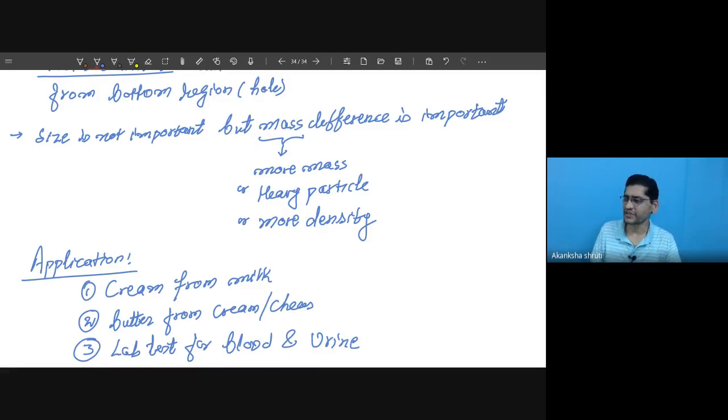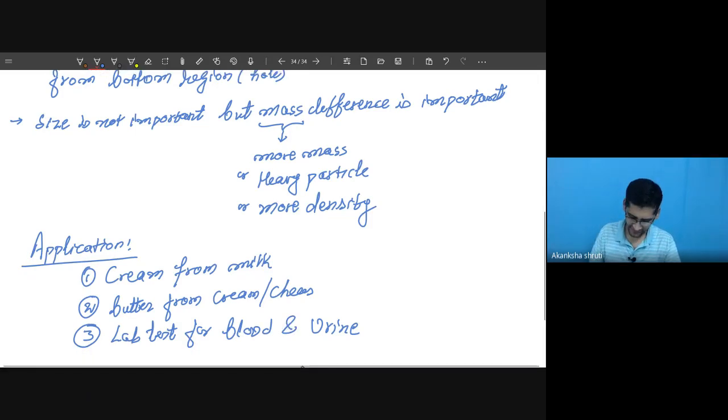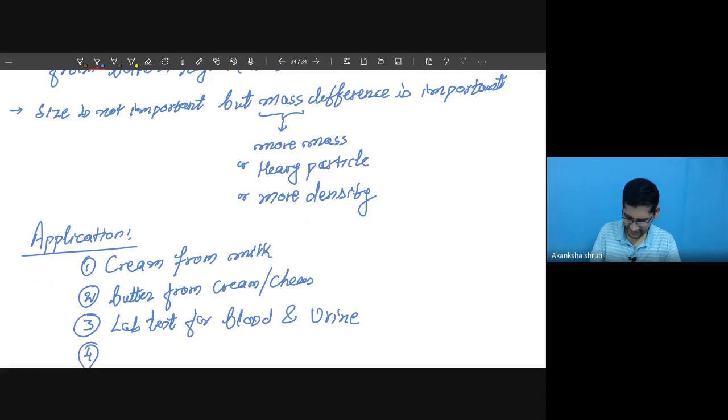Even this can also be used for separating the drug from the blood. Blood test means separating different components of blood.